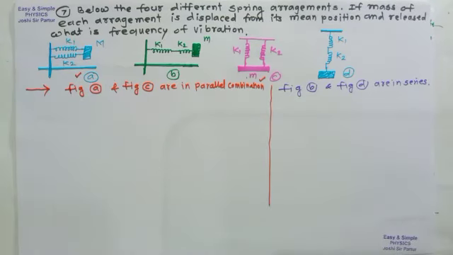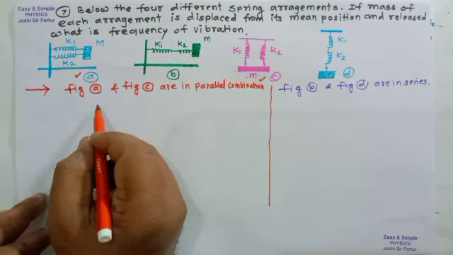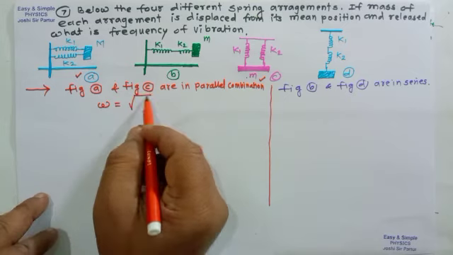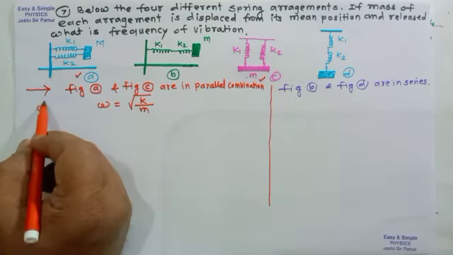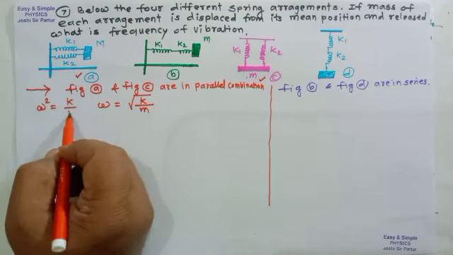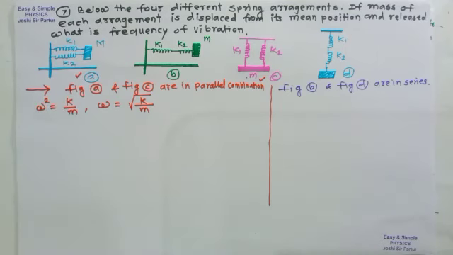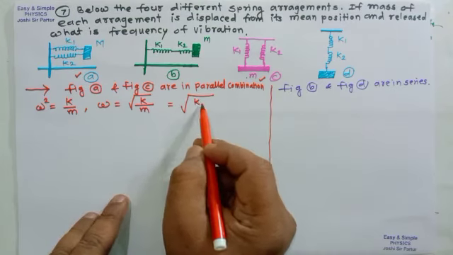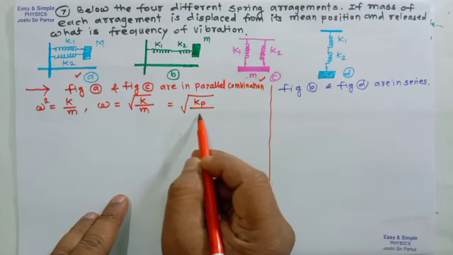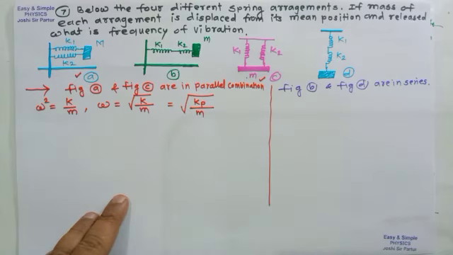Okay, we know that omega for parallel combination: omega square is equal to k upon m, so omega becomes square root of k upon m. But in parallel combination it will be square root of k in parallel upon m.